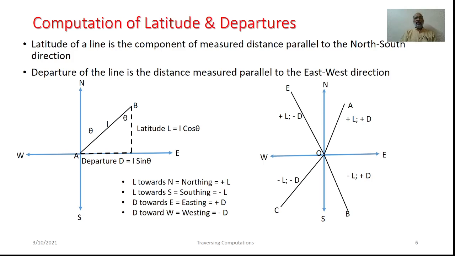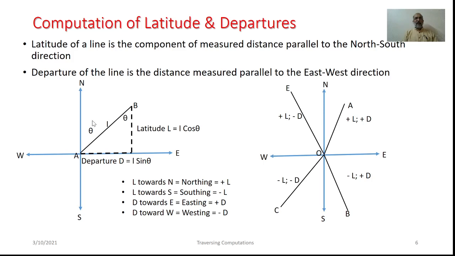Now, having the corrected bearings as well as the corrected angles for a theodolite traverse, we can compute the latitudes and departures. As you see here in this figure, we are considering a certain line AB, which is the side of a theodolite traverse.